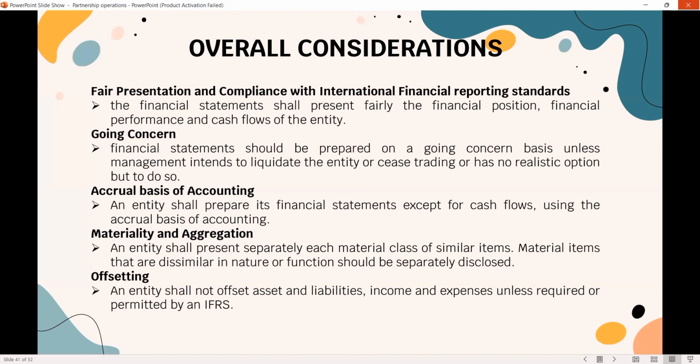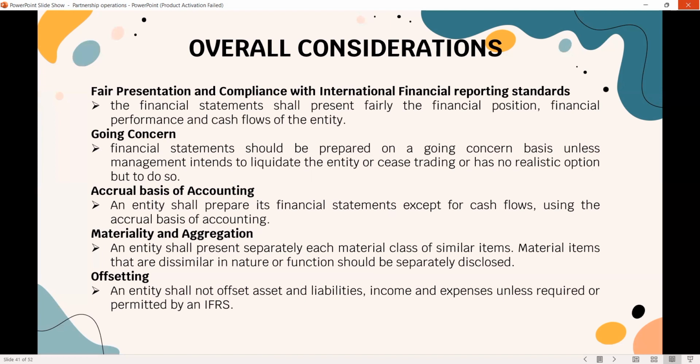So let's go to the materiality and aggregation. An entity shall present separately each material class of similar items. Material items that are similar in nature or function should be separately disclosed. Yung materiality, sabi niya dito, separately each material class of similar items.